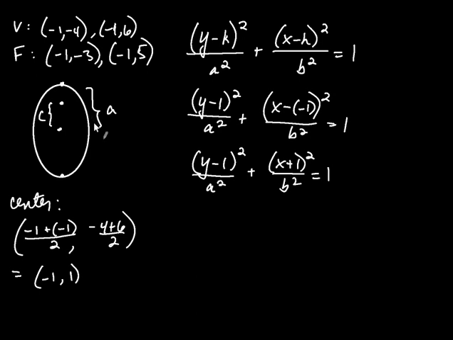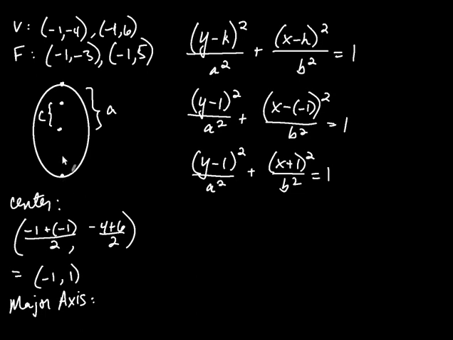So there are a couple of ways of doing this. One way is to simply find the length of the major axis by subtracting the y-coordinates of the foci and then dividing by 2. The major axis in this case runs vertically, so the length is the y-coordinate way up there, take away the y-coordinate down here.